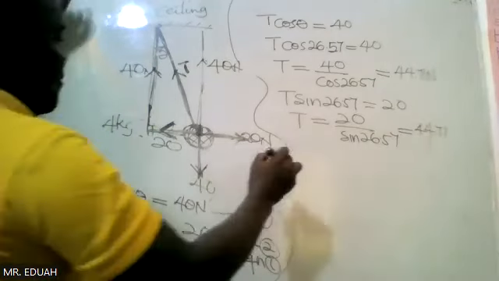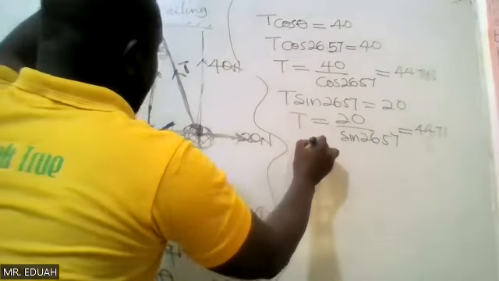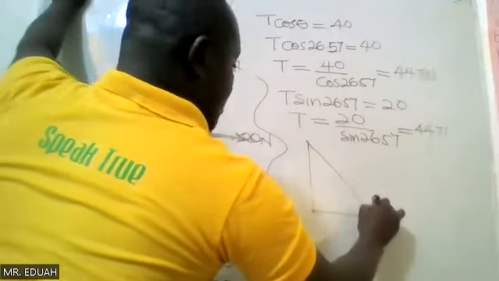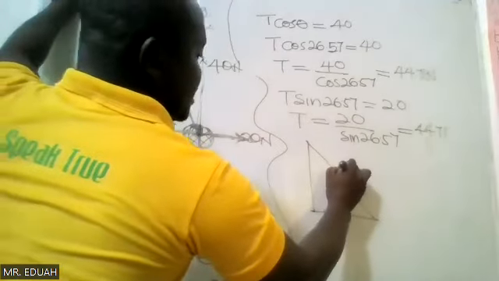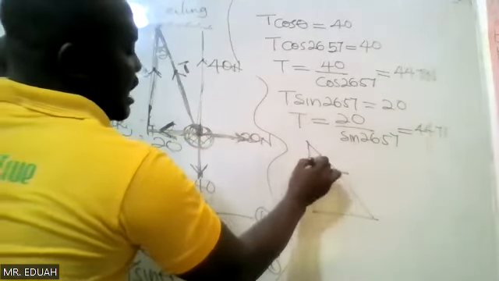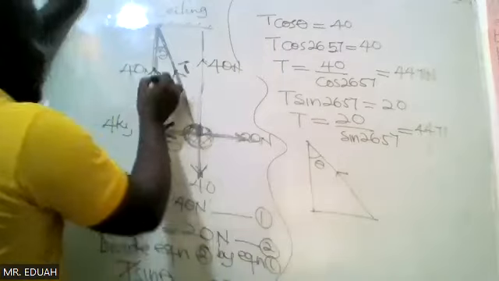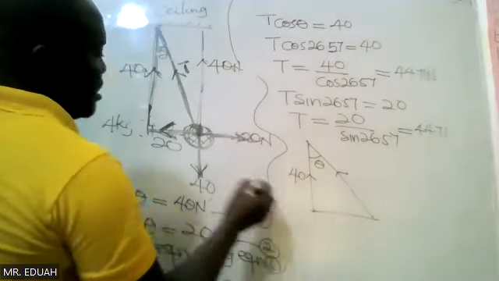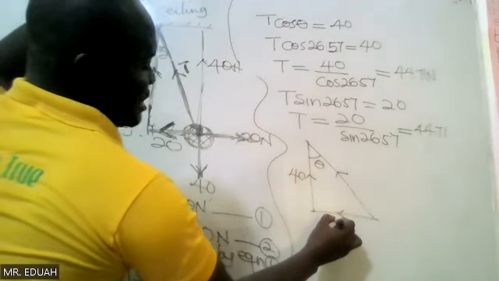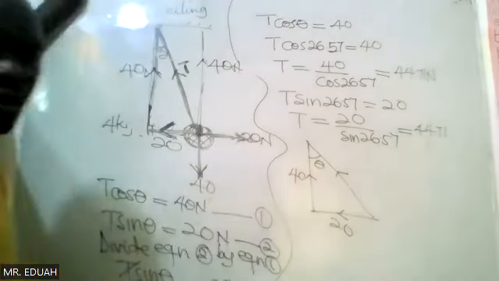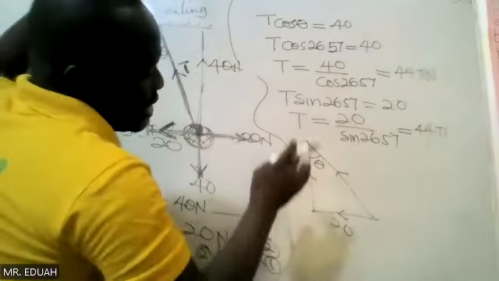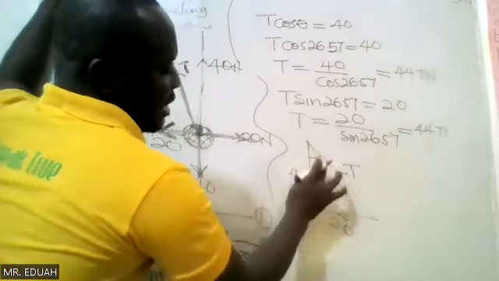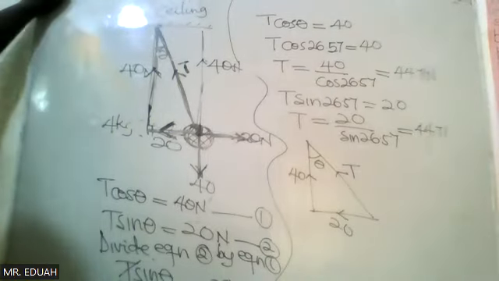If T cos theta is 40, we can bring 40 here. What we have is this right angle triangle. This is the tension. This is theta. This side of it is 40. This side of it is 20. Knowing the adjacent and opposite, you can easily find theta.